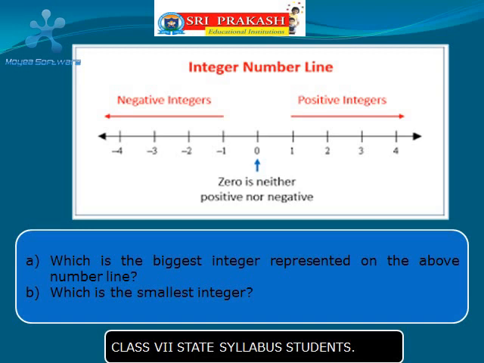Yes, 4 is the biggest integer represented on the above number line. Which is the smallest integer? The smallest number would be on the left hand side from 0. Here -4 is the smallest integer on the above number line.